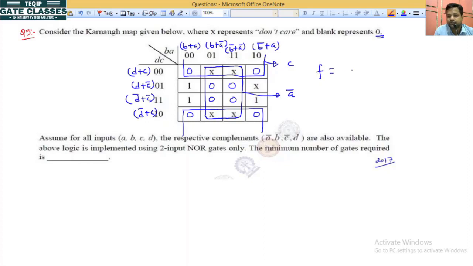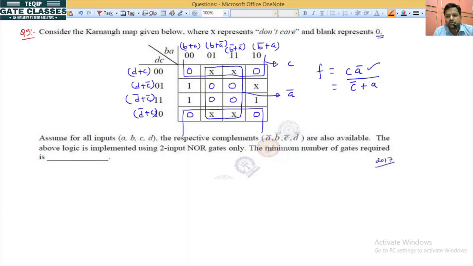Simplified function: now we have obtained sum terms, so we have to take the product of them, because it is product of sum, so it will be C A bar. Now this C A bar can be written as C bar plus A whole bar, because I am going to implement this expression with the help of a NOR gate.